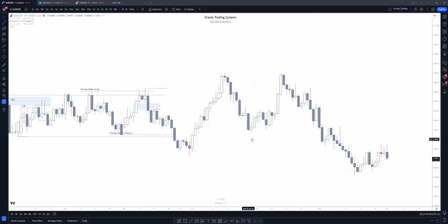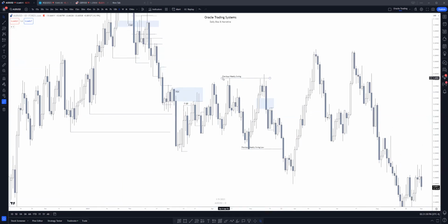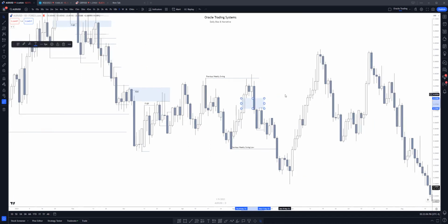So on the daily, you can see, if I just delete this off the chart, price has swept the previous weekly swing high, displaced. There's no structure break to look for. We're not looking for structure. We're looking to build narrative using FEGs and liquidity. Okay, we're liquidity traders first and foremost, and then we are order flow and then structure traders.